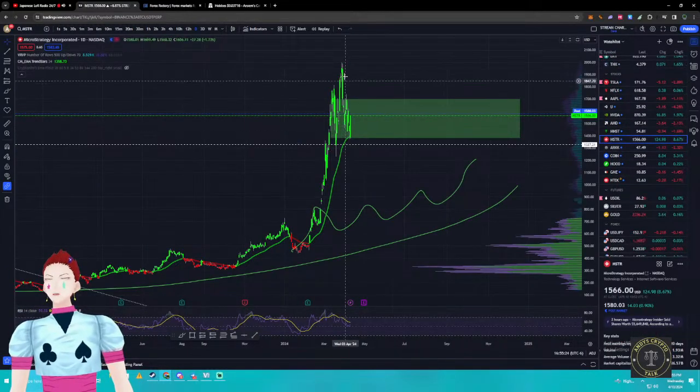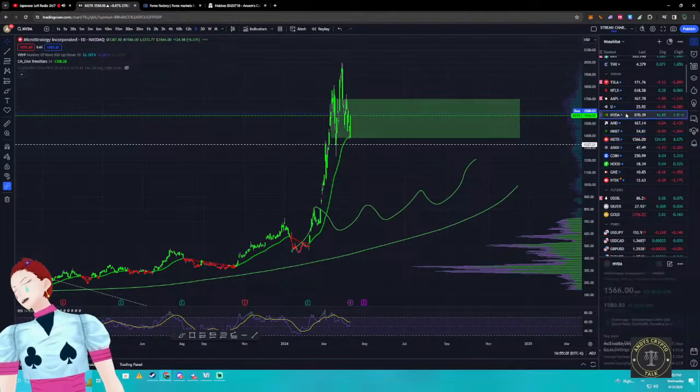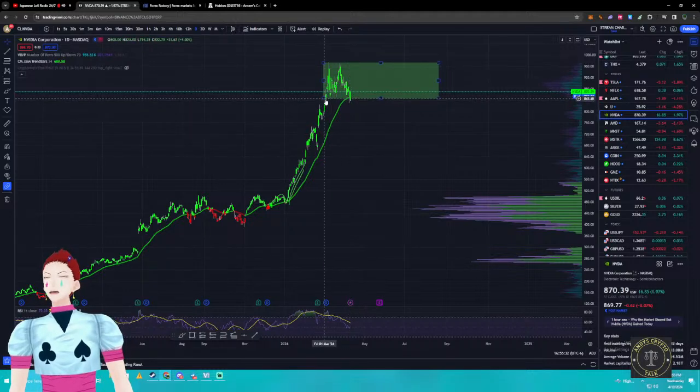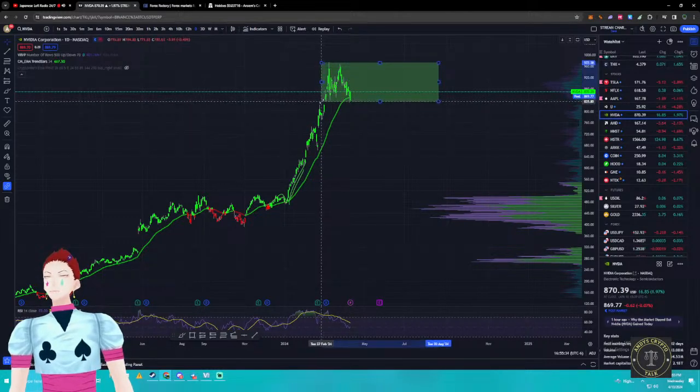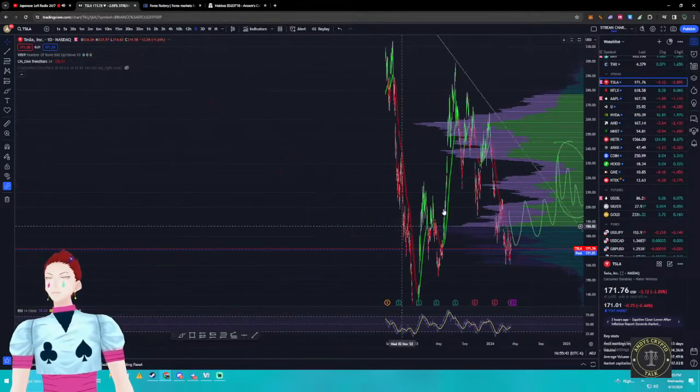We're in the box here, so like I said, playing around that box. Nvidia just swept the lows here, so that's probably the box there. Tesla's just correcting still.